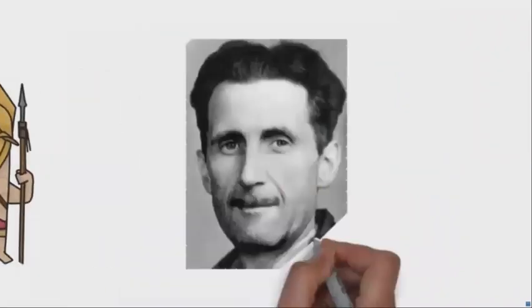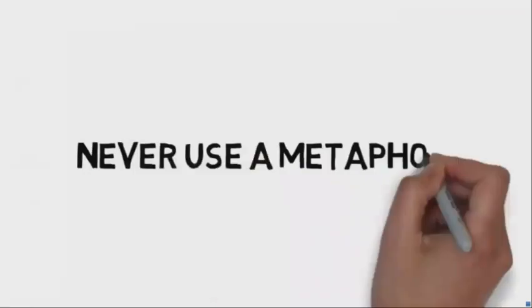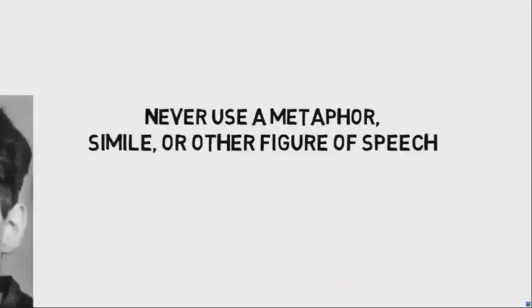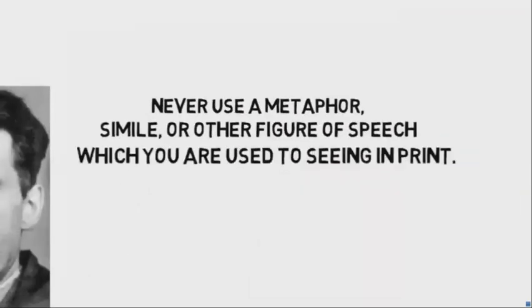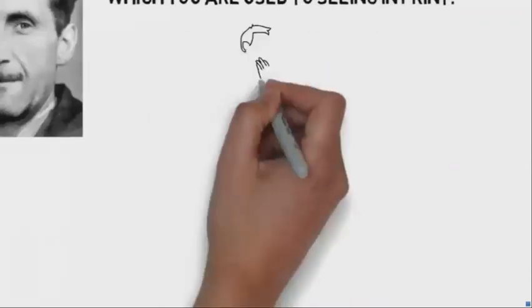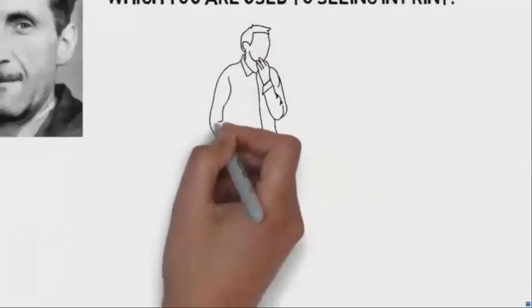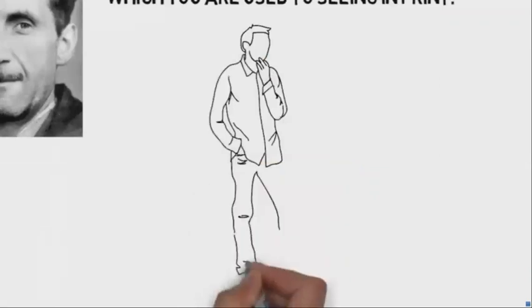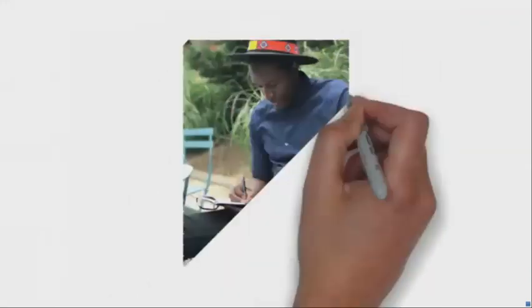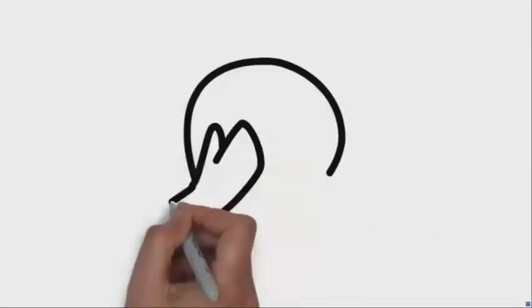George Orwell said, never use a metaphor, simile, or other figure of speech which you are used to seeing in print. This is a good rule of thumb. This is a good starting point. Think of this advice when you write. Be clear, experiment with words, and dare to write simply.